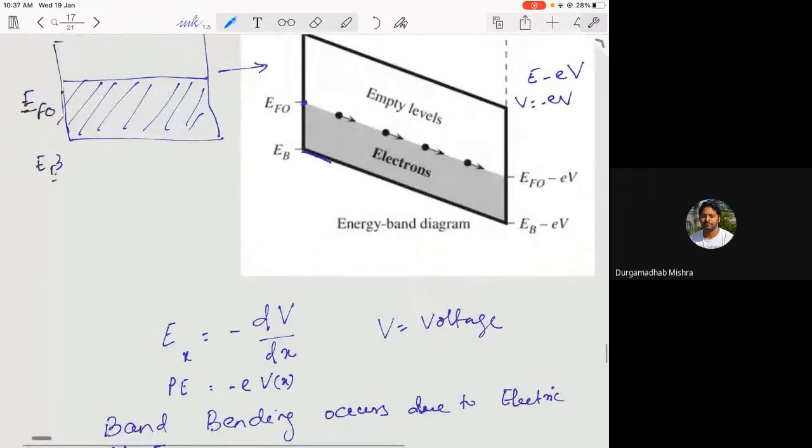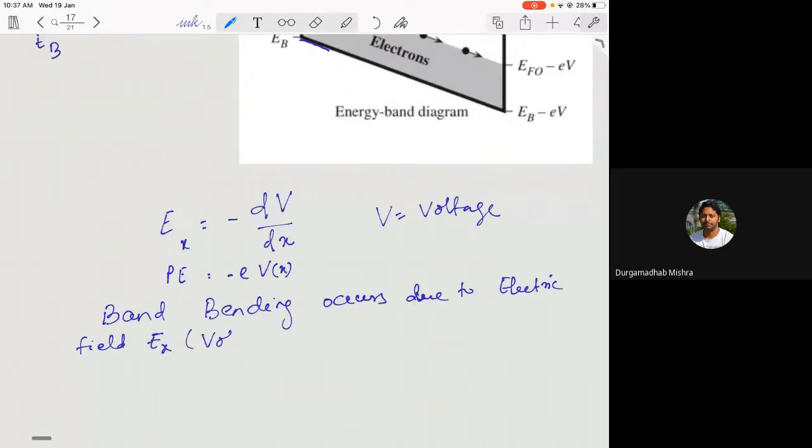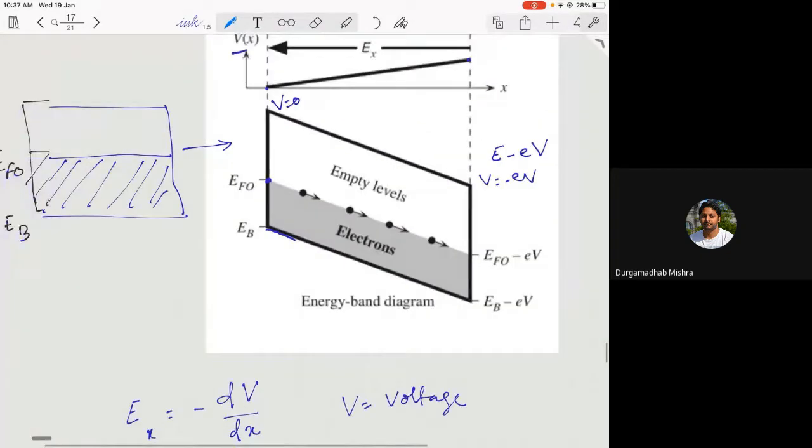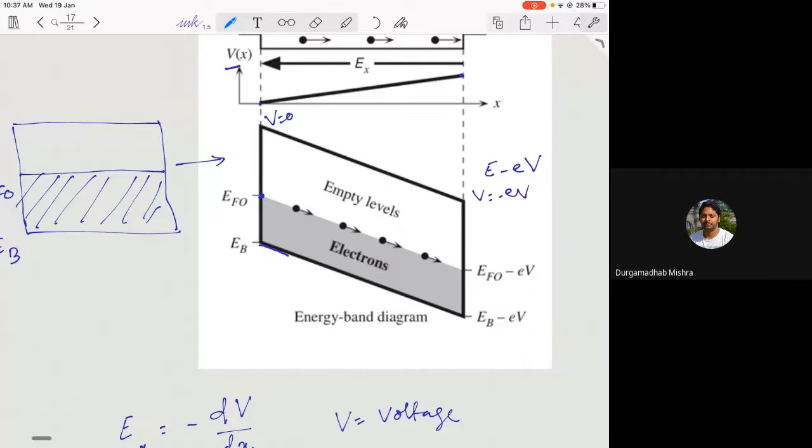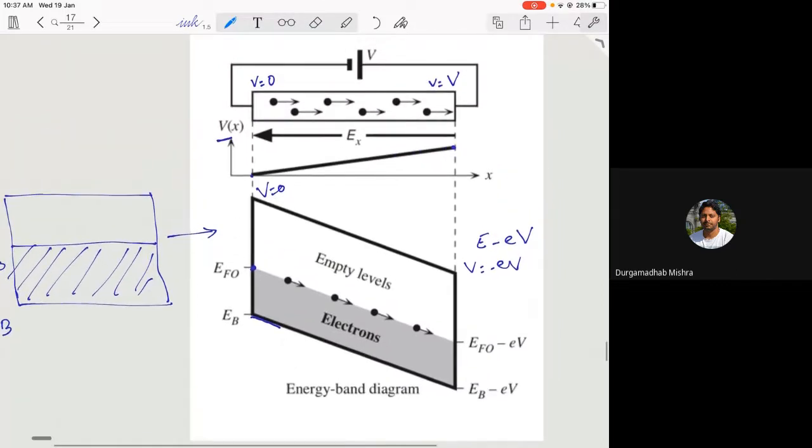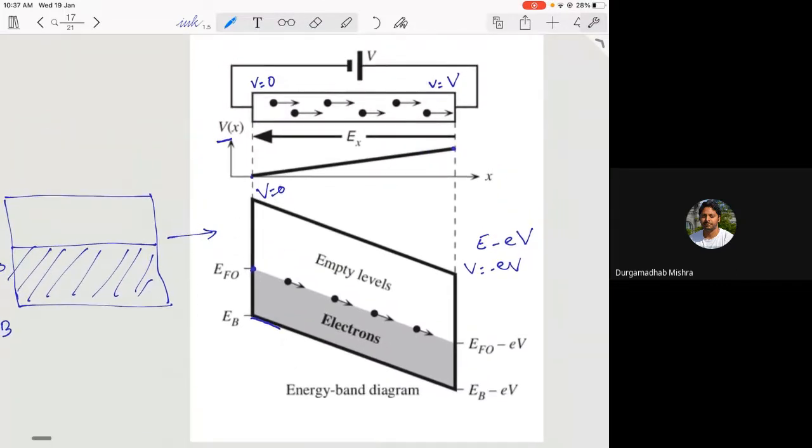Due to this applied electric field Ex or voltage V, the bands bend in such a way that you have a slope, and then it is easy to explain the flow of electrons. We say electrons will flow from this side to this side. Since there is a slope here, electrons will move from x equal to 0 to positive x, and you have basically a flow of current.